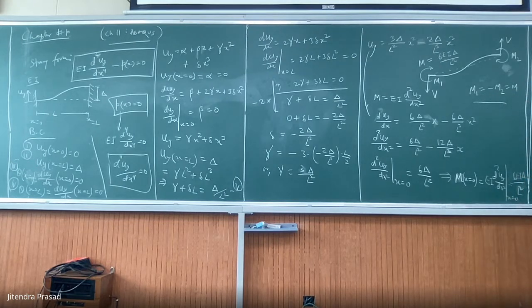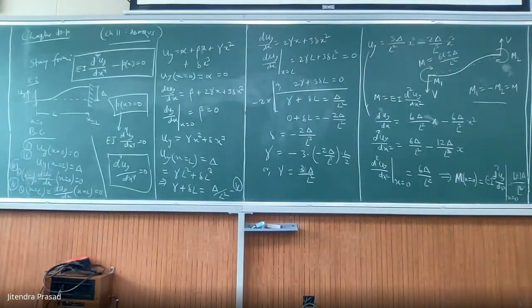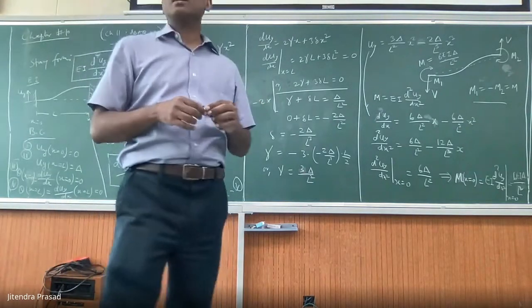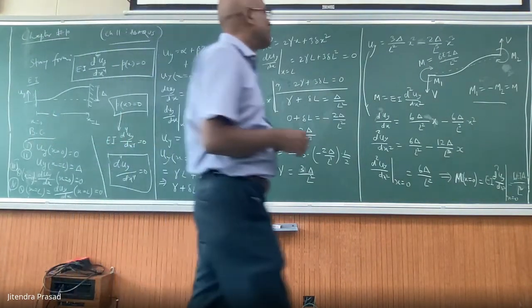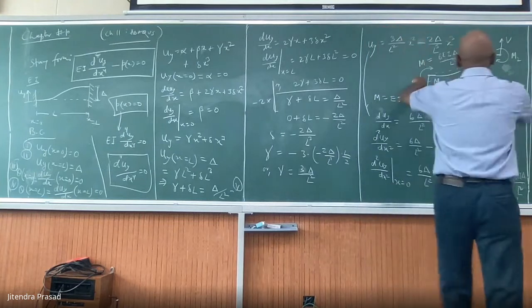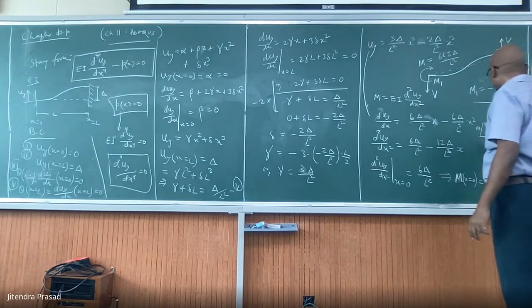If we substitute x is equal to L by 2, moment will change, no? If you draw the moment diagram, then how will it look like? It will be 0 here, no? Yeah, so this is m here, m here.